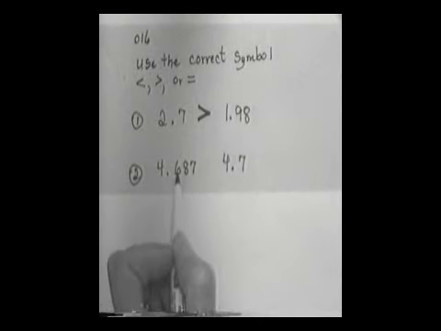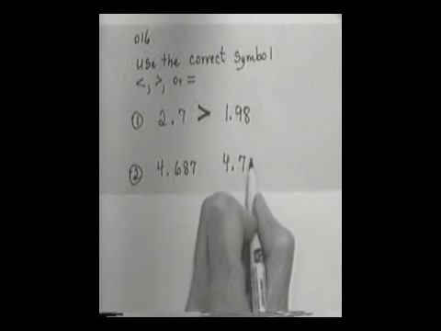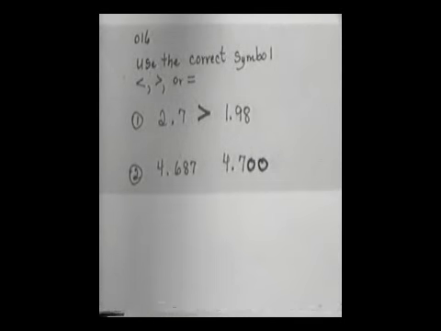Since this one has 3 digits, I can add 2 zeros here and make it have 3 digits. So now my decimal part in the first one is 687 thousandths and the second one is 700 thousandths. And I know that 687 is less than 700, so that makes 4.687 less than 4.7.